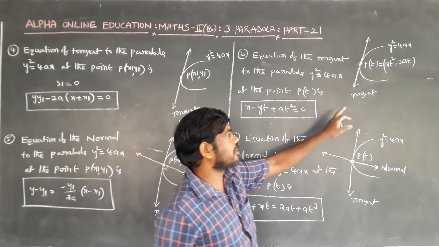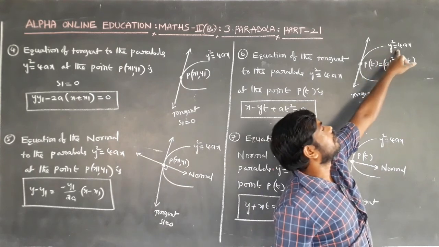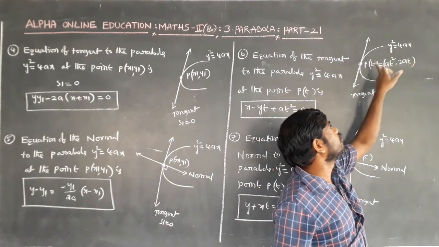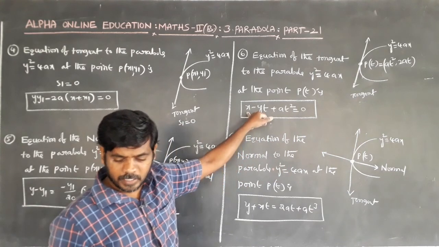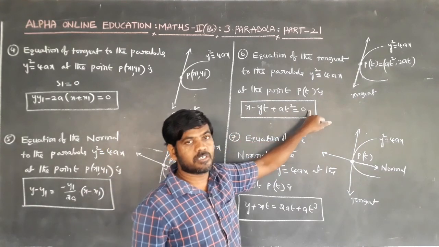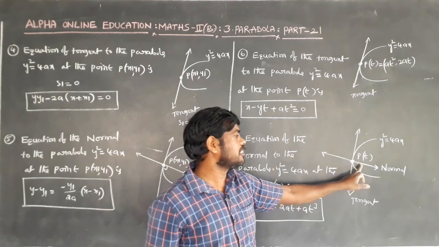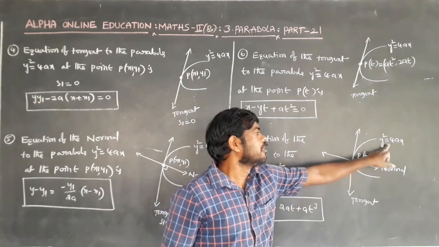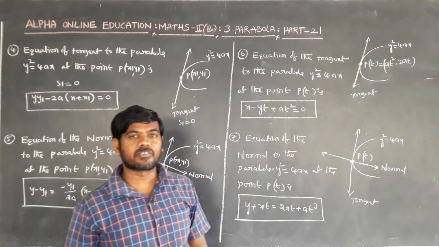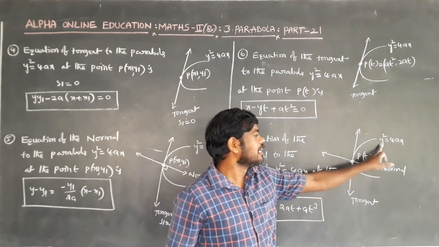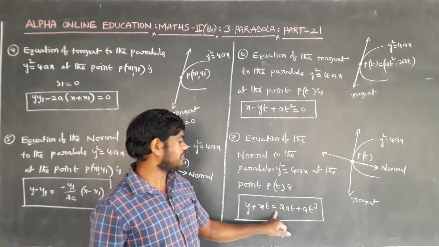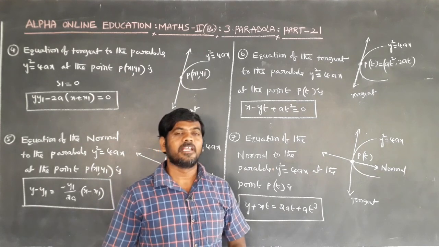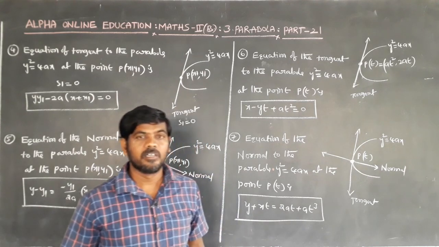Next one is the equation of the tangent to the parabola at the point P of t: x minus yt plus at square is equal to 0. Last one is the equation of the normal to the parabola at the point P of t: y plus xt is equal to 2at plus at cube. This is the formula.